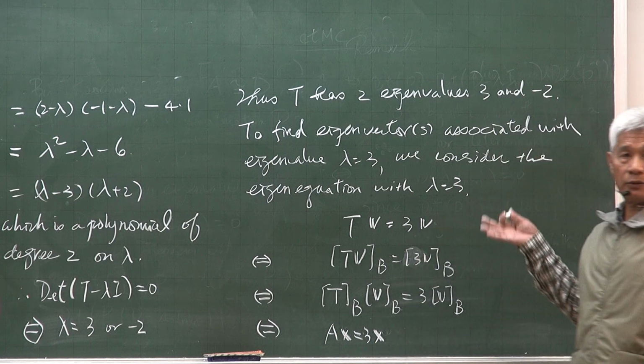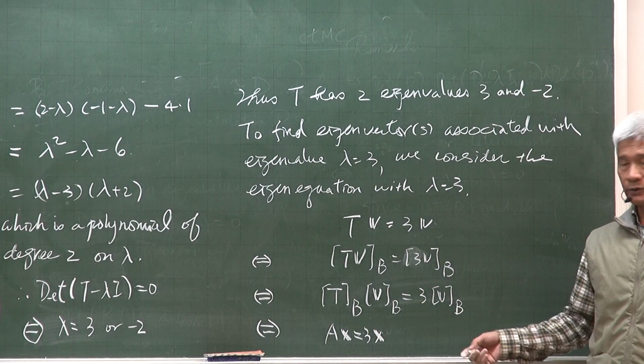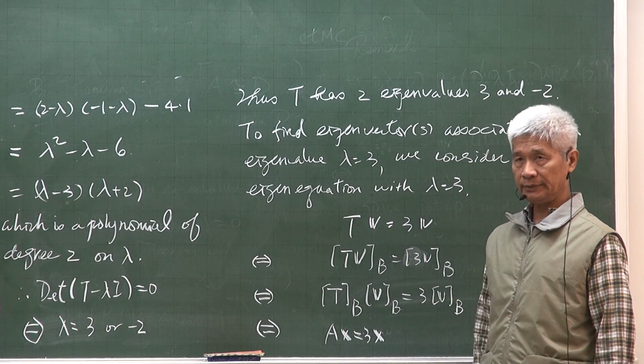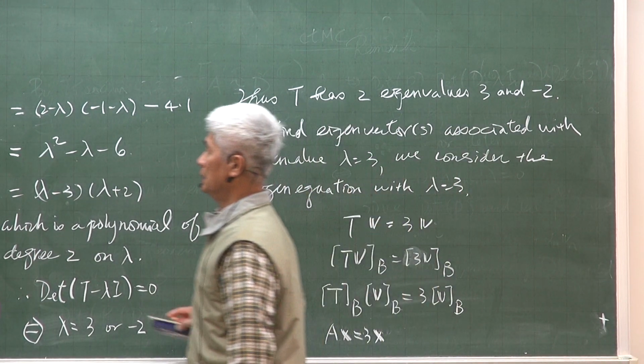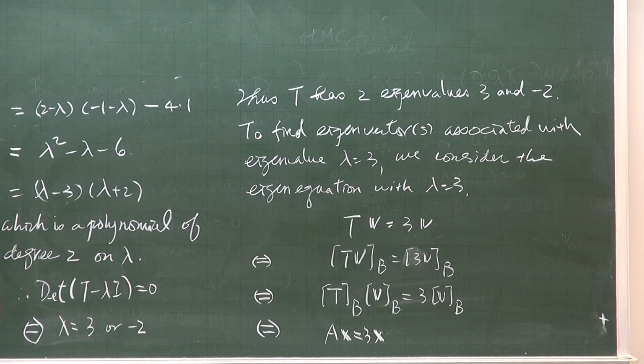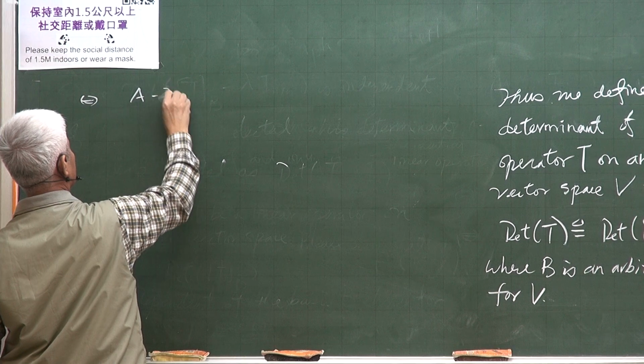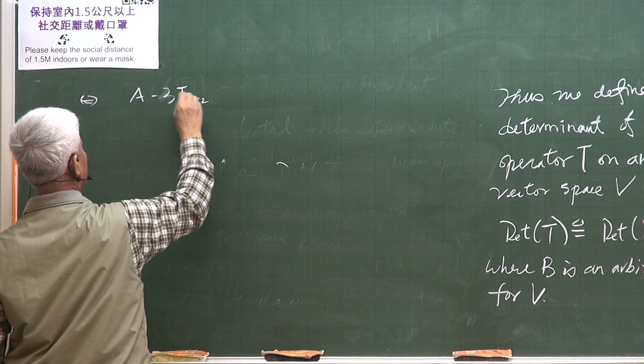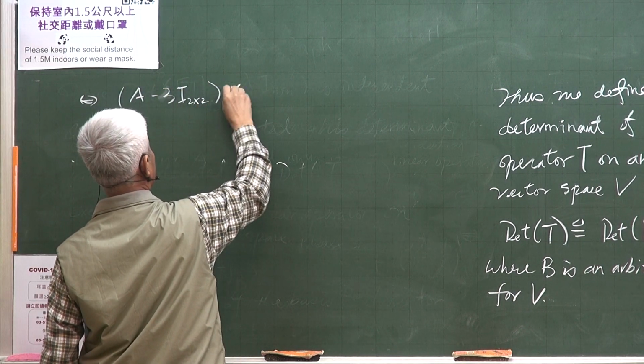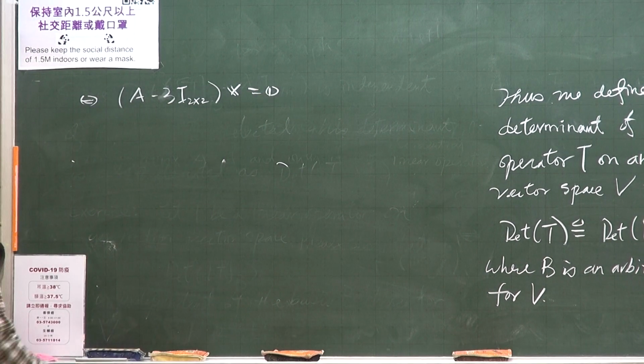Because v is unknown, x is also unknown, right? So we want to find x that satisfies this. So we will solve a homogeneous system of linear equations.